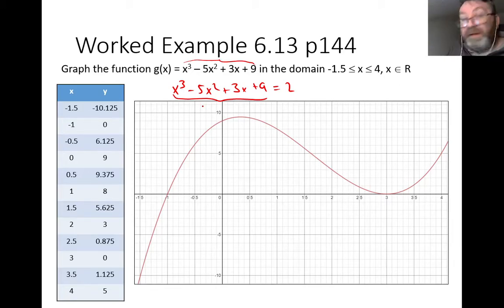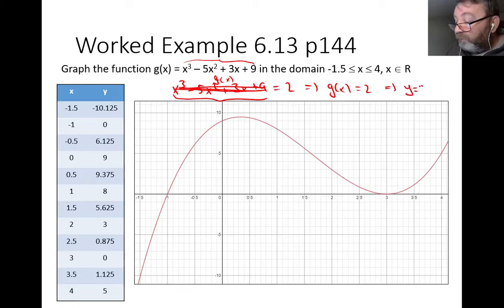Then all I have to do is replace all of that with f of x, or in this case g of x. Now, g of x is another name for y. So x cubed minus 5x squared plus 3x plus 9 equals 2 becomes g of x equals 2, which eventually simply becomes y equals 2.